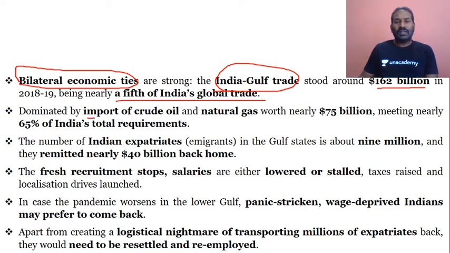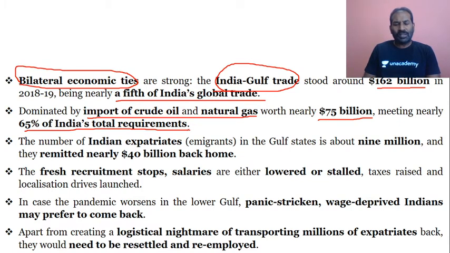And as I said, India mostly depends on crude oil and natural gas imports, and we have 75 billion worth of imports, and 65% of India's total requirement is from imports itself. And the first benefit for India is revenue.